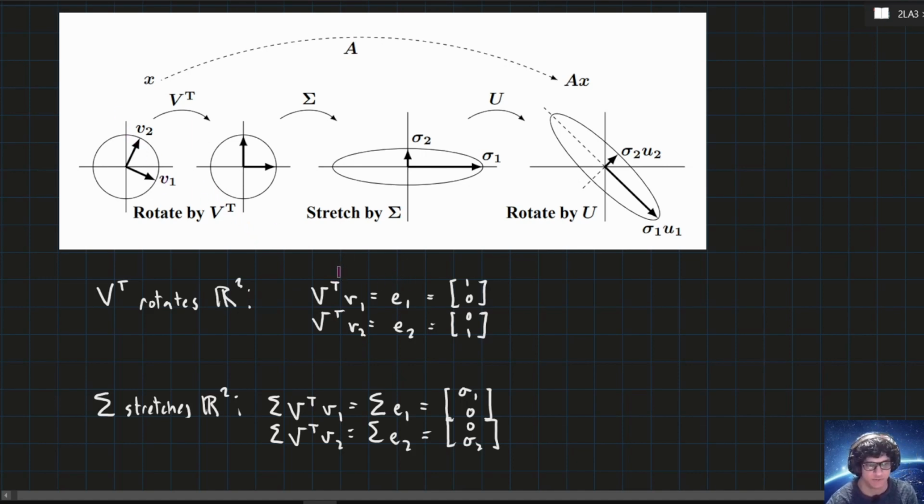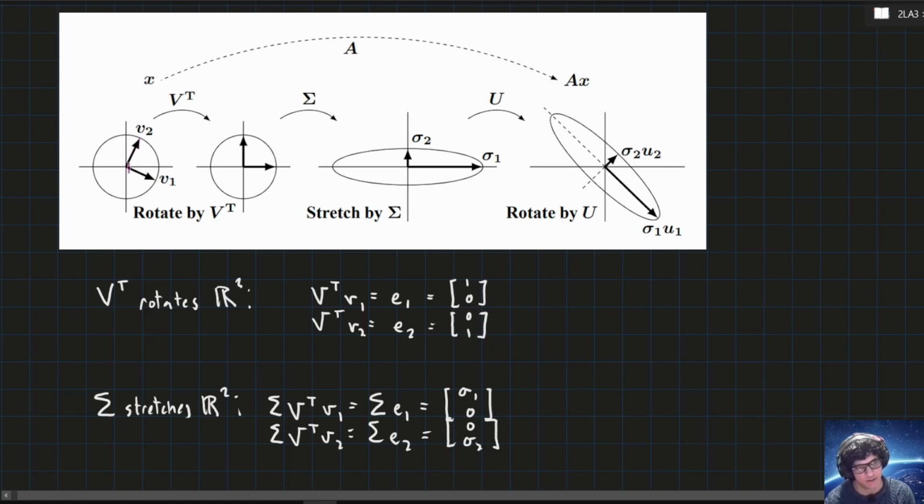So if you take V transpose and multiply by V1, you'll get 1, 0. You can check that, right? And that's equal to the first standard basis element. And similarly, V transpose times V2 will equal 0, 1, or E2. So what is V transpose doing?